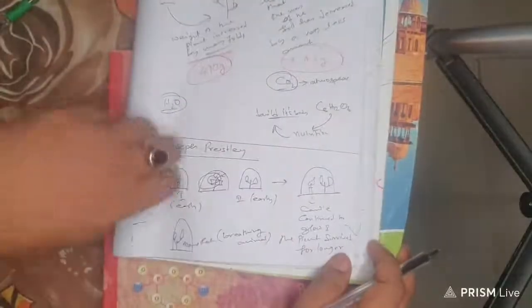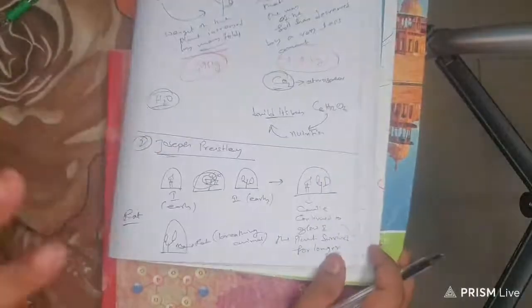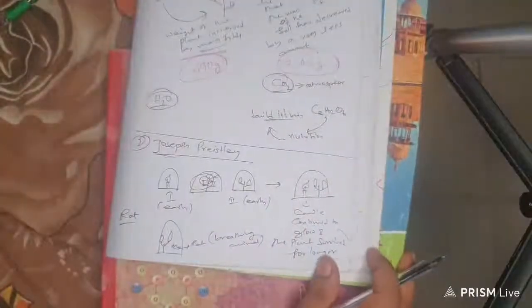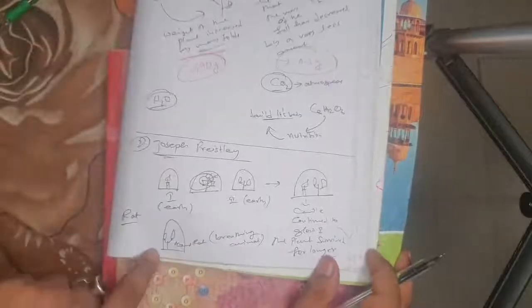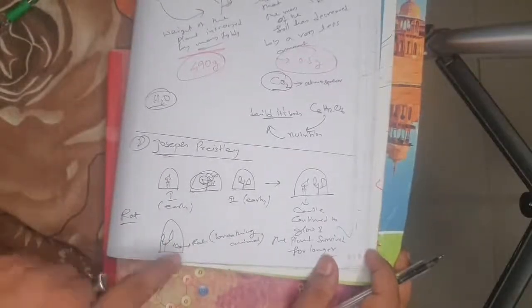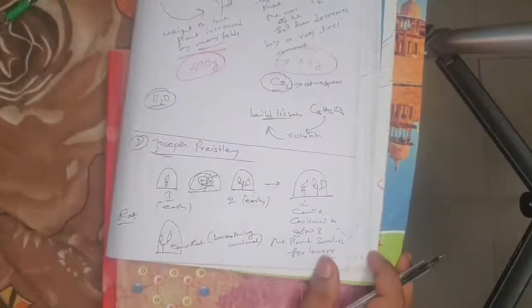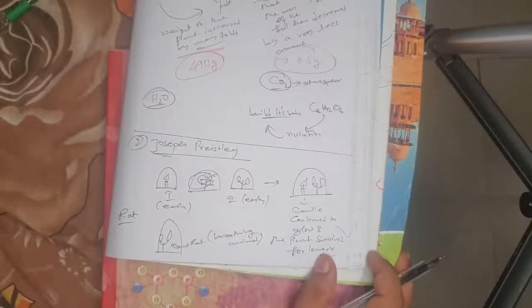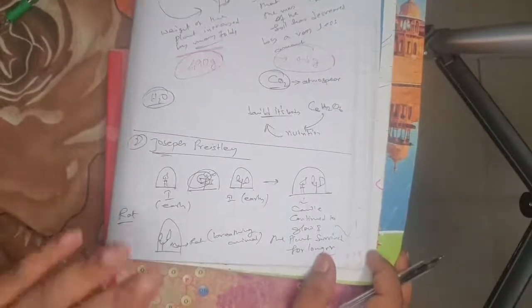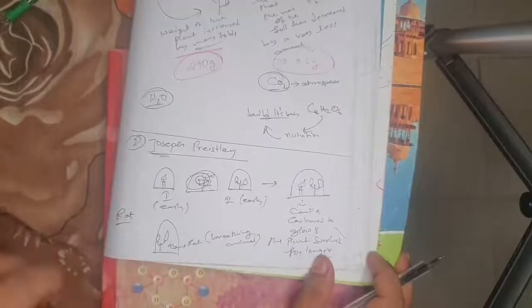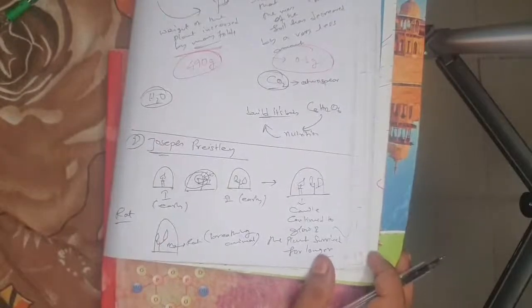He found that when he put the rat and the sapling separately, the rat died and the plant also died early. But when the rat and the plant stayed together in the same bell jar, they both remained alive for a longer period of time.